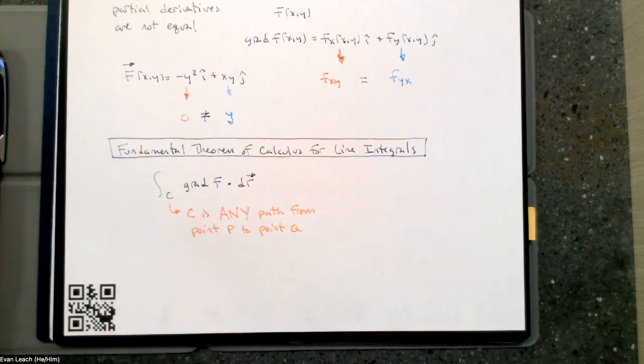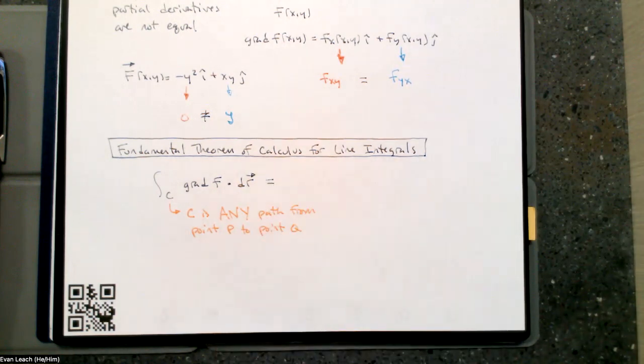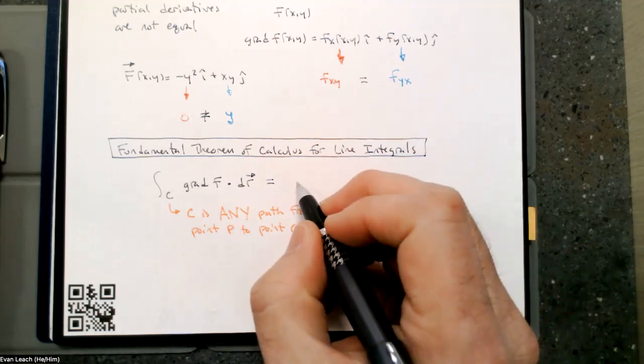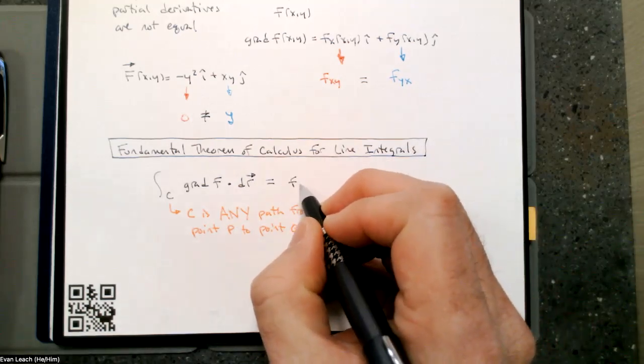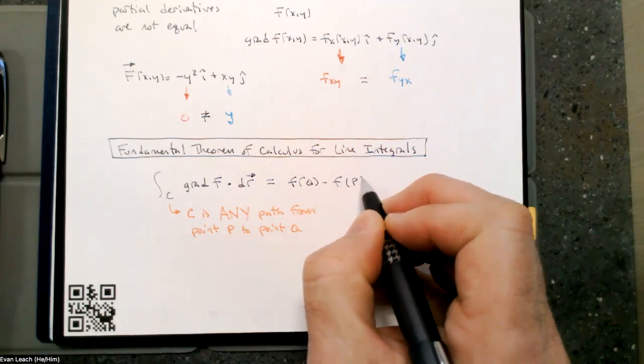All that matters is the endpoints, and what we do is what we always do for a fundamental theorem of calculus. We integrate over a set by evaluating the antiderivative at the endpoints. That's weird to say antiderivative. I'm just going to say potential function at the end minus the potential function at the beginning.